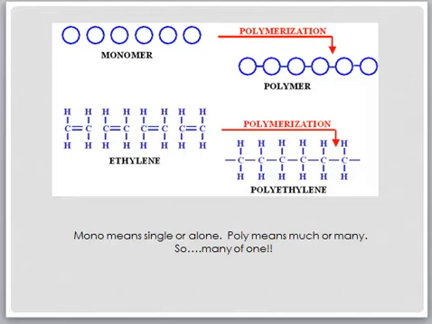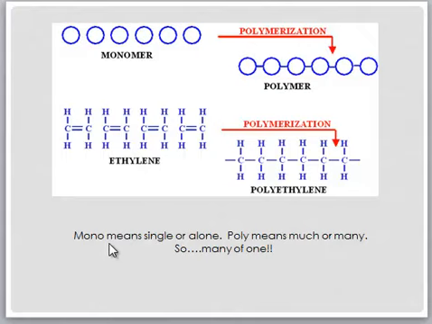When we're talking about a polymer and a monomer, it's easy if you think of the root meaning of these words. So mono means single or alone, and poly means much or many. So a polymer is just many of one.